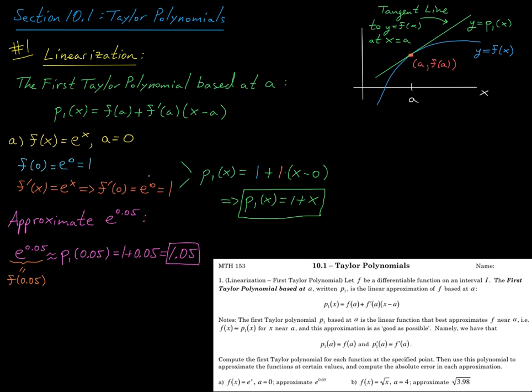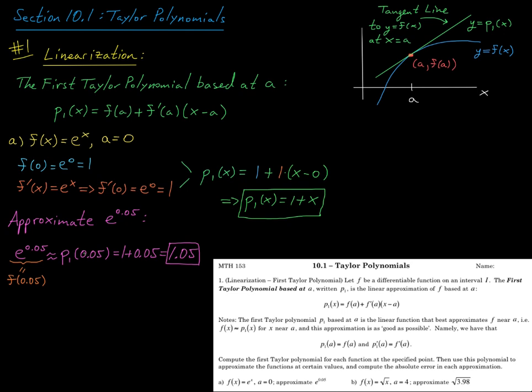And from what we just discussed, f of x will be approximately equal to p1 of x as long as x is reasonably close to our a value. So in other words, as long as x is close to 0 here, and 0.05 is reasonably close to 0, the function value f of 0.05 will be reasonably close to p1 evaluated at 0.05.